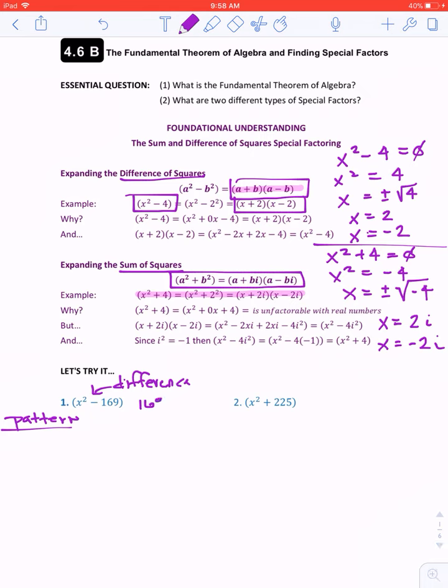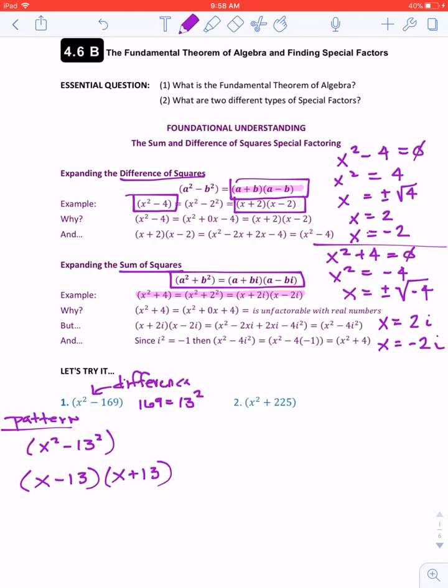And 169 is 13 squared. So if I expand that out, I have x squared minus 13 squared, which means I should be able to break it into x minus 13 times x plus 13.